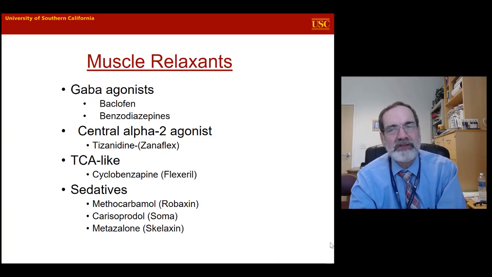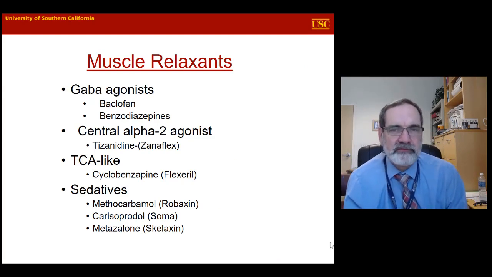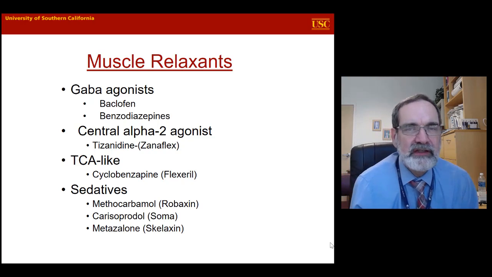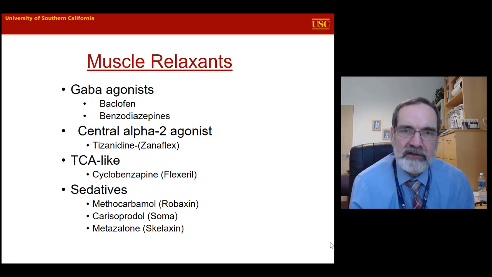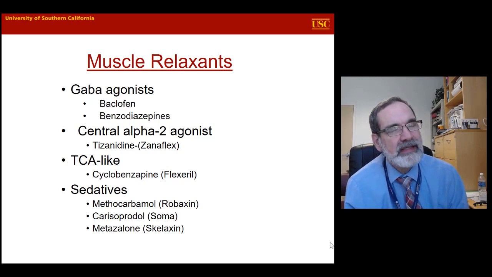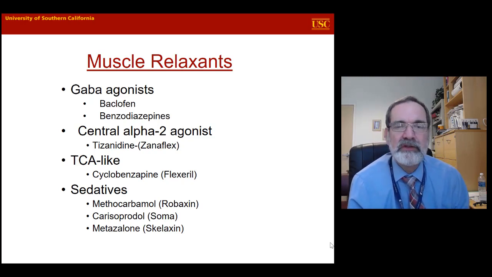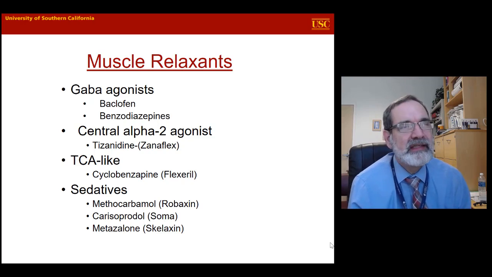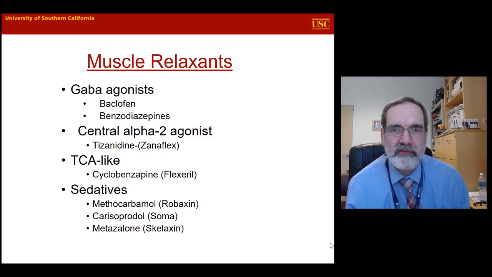Let's review what the muscle relaxants are. First we have those that are GABA agonists, Baclofen and benzodiazepines. Baclofen works on the GABA B system and benzodiazepines on the GABA A system. Then central alpha 2 agonists.